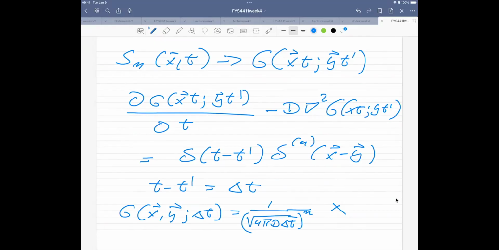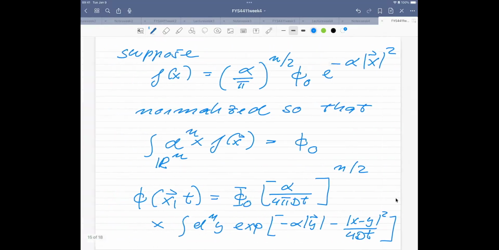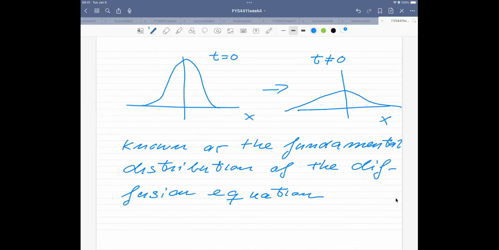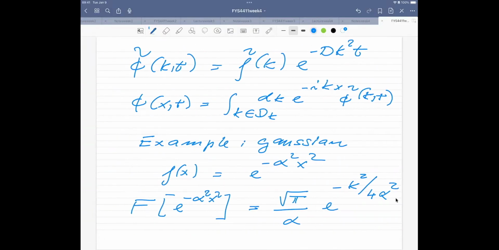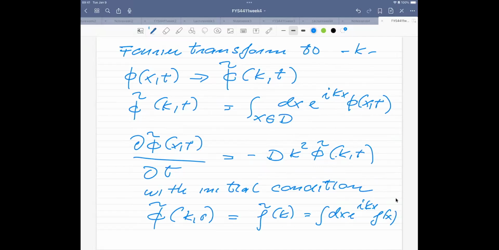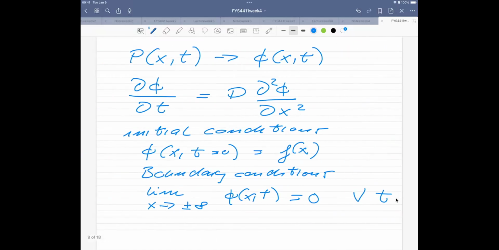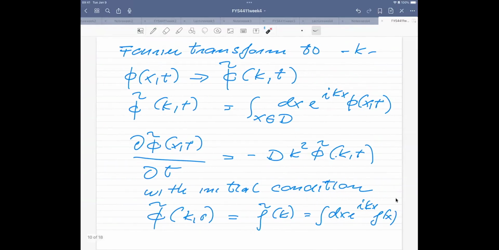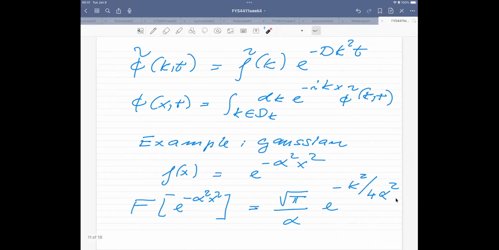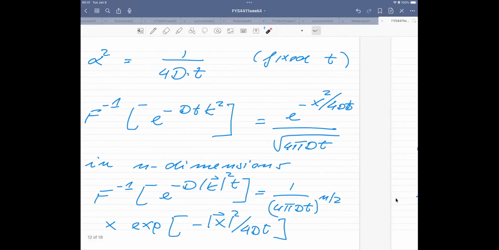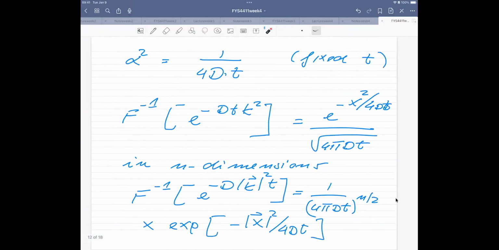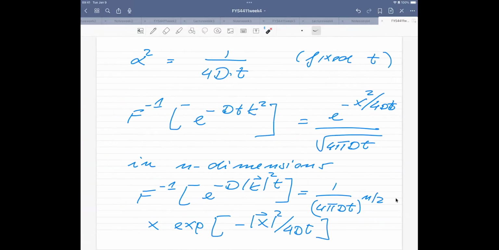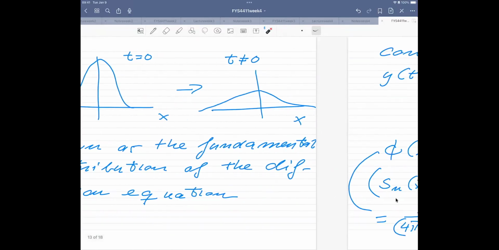Keep in mind that we solved this previously. If we step back a little bit, we did previously solve it for this problem which we have here, where we actually started with the diffusion equation and then did a Fourier transform. And with that we also found the fundamental distribution, which is also a solution of the diffusion equation.